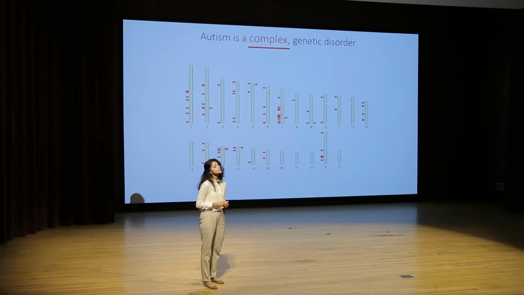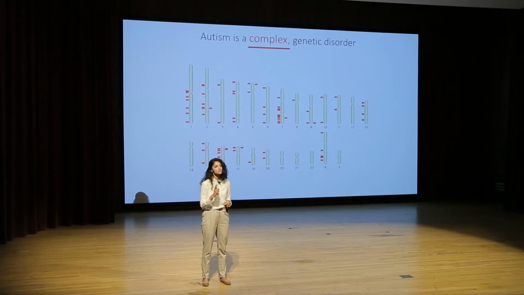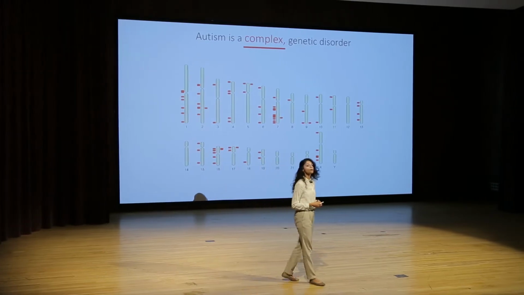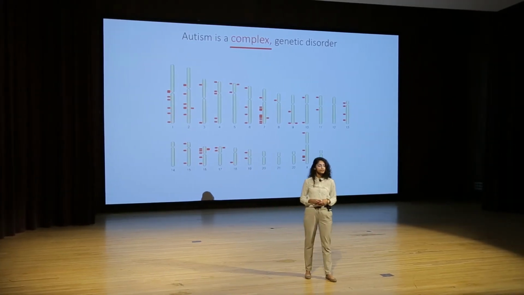Now, in comparison to Down syndrome, where we know there is only one extra chromosome that causes the syndrome, in autism, any combination of these red dashes or sets of genes can make autism happen. You can see there are so many across very many different chromosomes, making it very difficult for researchers to understand how autism happens. So how can we find a more optimal way of studying how autism happens?